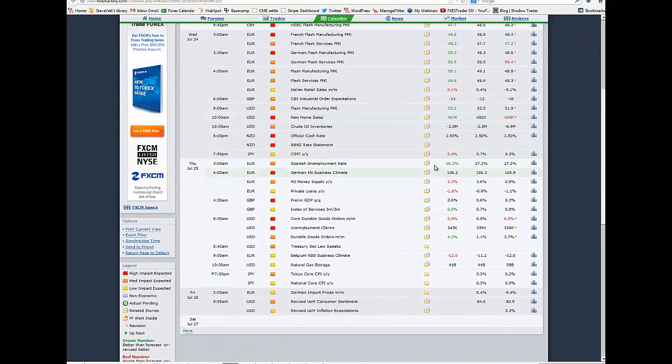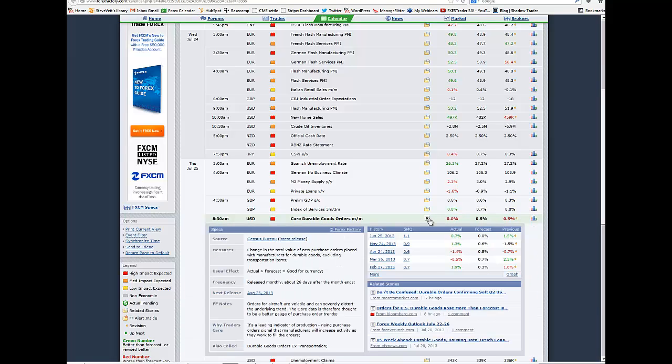The thing I love about Forex Factory is it's accurate, and if you click on these little file folders here, so for instance, for any of the durable goods orders that came out today, it'll give you a review of what happened in the past.